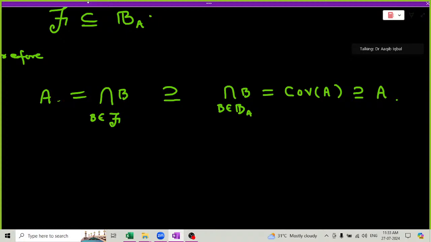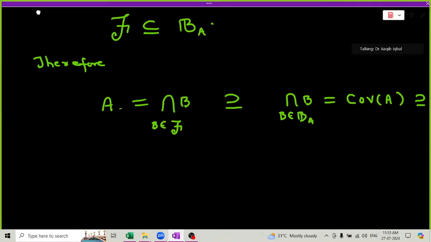So we actually have equality. A is equal to the cover of A, so that means admissibility.